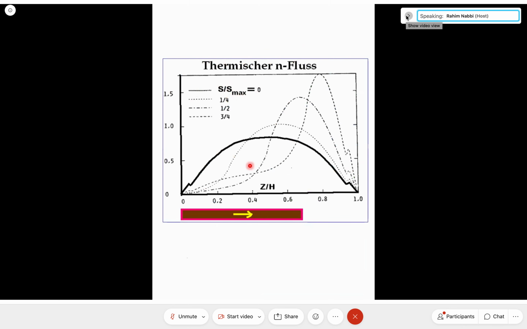You see here the distribution of the thermal neutron flux. So in a reactor, for example, here you see this cylinder, it is a fuel element, from the bottom to the top.